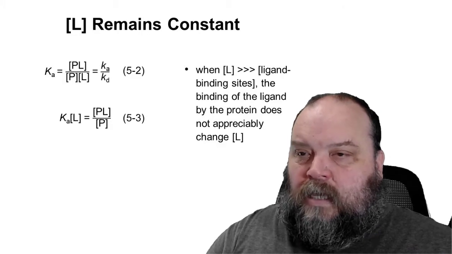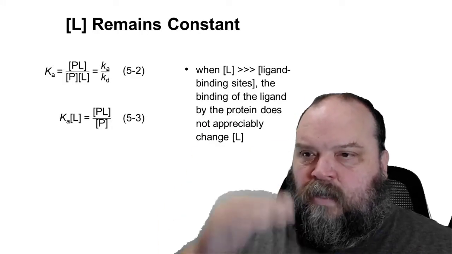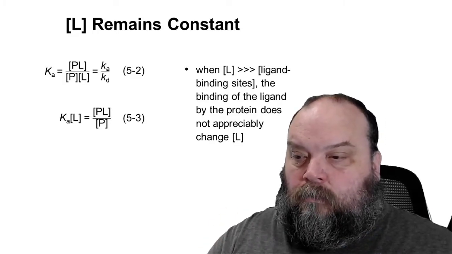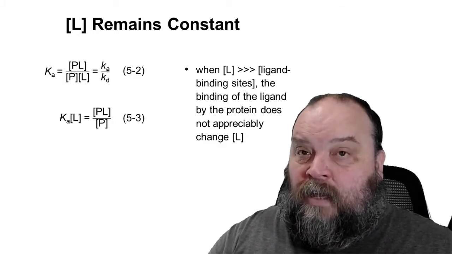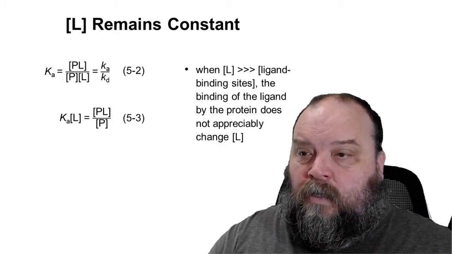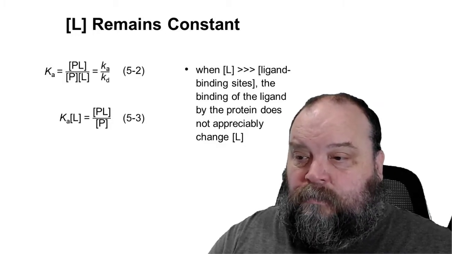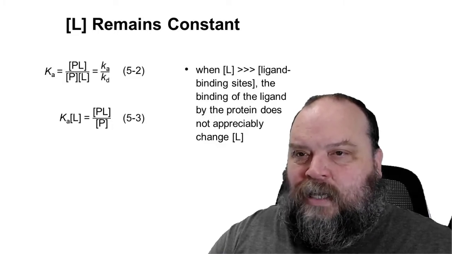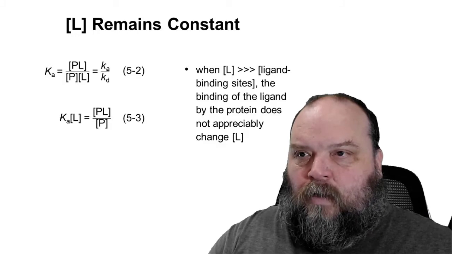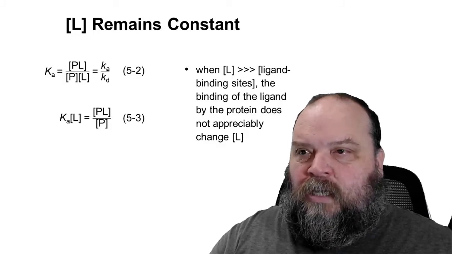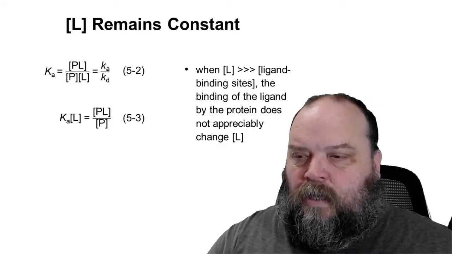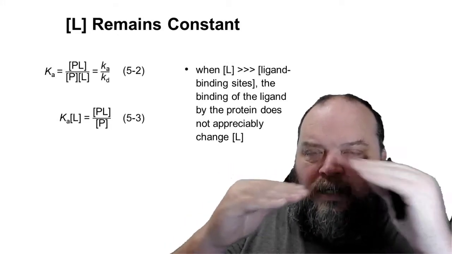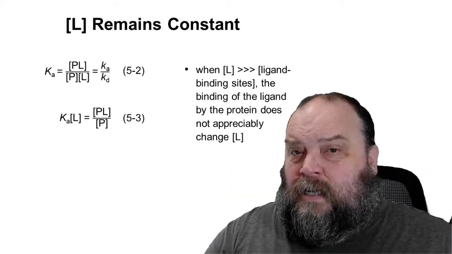Since this is a relative thing, when the concentration of ligand L is so much higher than the concentration of P, we really don't see much of a change in PL, or much of a change in the affinity. It's when the concentrations have shifted and there's not much ligand that we really get to see just how strong that affinity is.